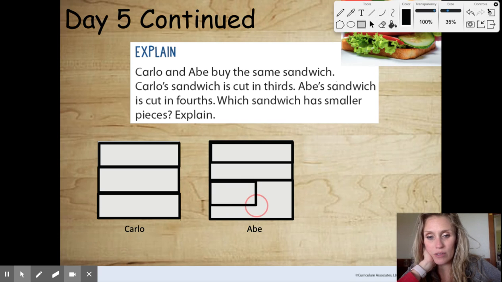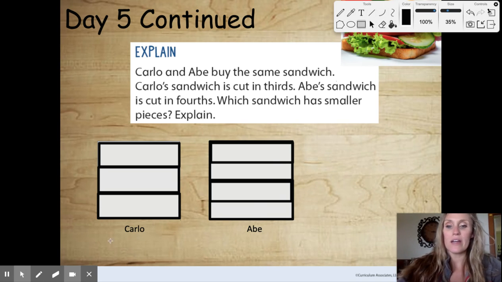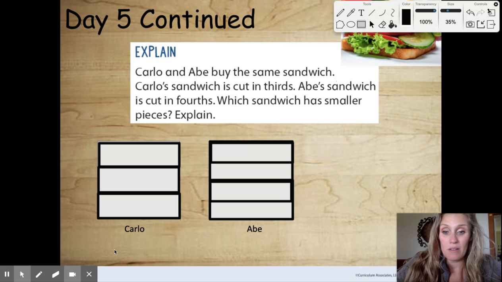It's a nice little trick I learned here. Here we go. So now I have fourths on Abe's sandwich. 1, 2, 3, 4. Yep, 4 parts. So now I can see Carlo and Abe. Sometimes it's hard to just be able to solve this problem and thinking of it in your brain. I like to stop and jot my thinking. I can see both of the guys' sandwiches now.